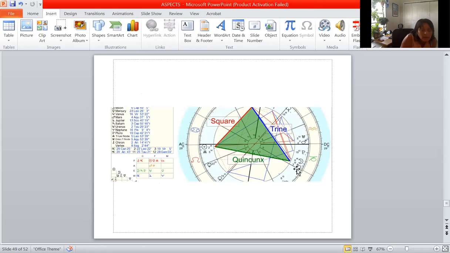This shows the Sun at, it's hard to read, maybe 2 or 5 degrees, and this looks like Saturn at 3, so it's off. The way you can tell is to go to the opposition and then go one way or the other by 30 degrees. That is your quincunx, or the 150.